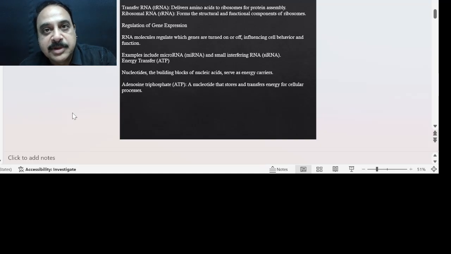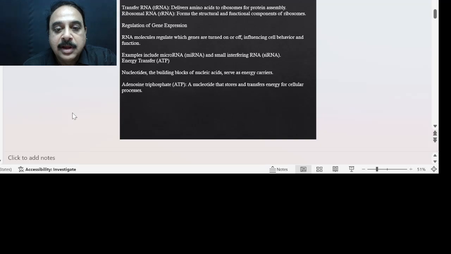What is the function of messenger RNA? It carries genetic instructions from DNA to ribosomes. Transfer RNA delivers amino acids to ribosomes for protein assembly. Similarly, ribosomal RNA forms the structural and functional components of ribosomes.